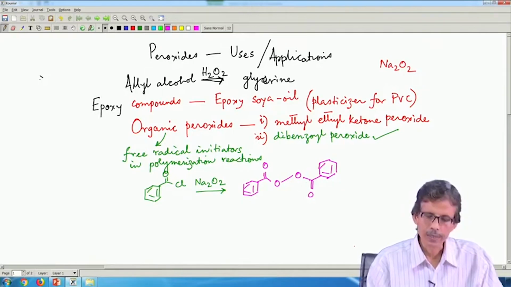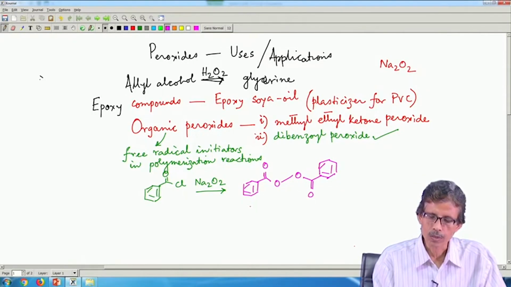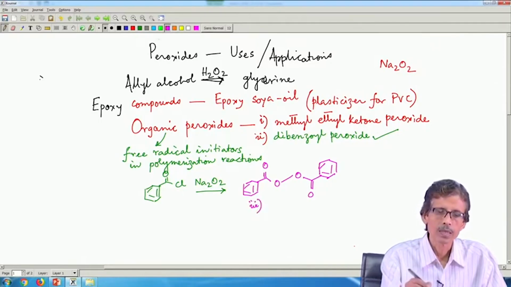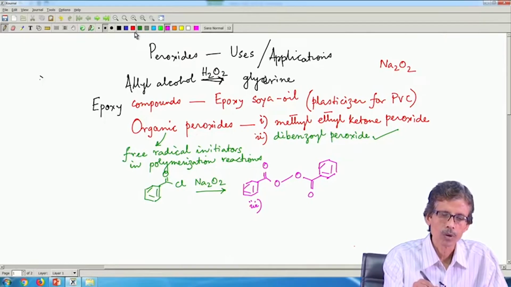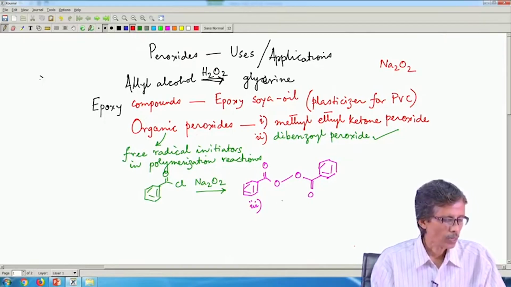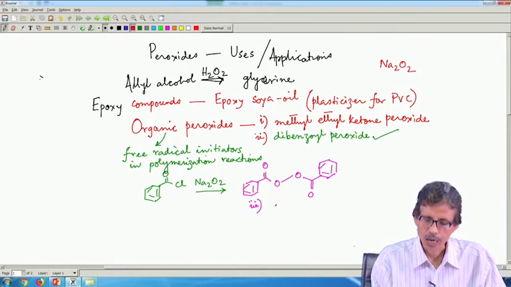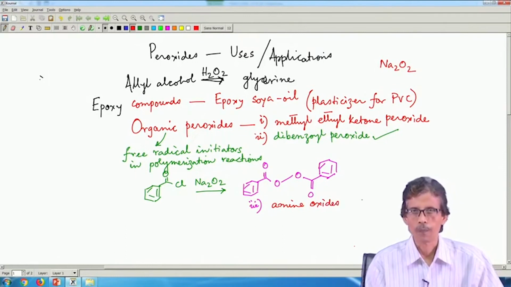In a similar fashion, the third example is useful in terms of the production of the corresponding amine oxides, because amine oxides are very useful.